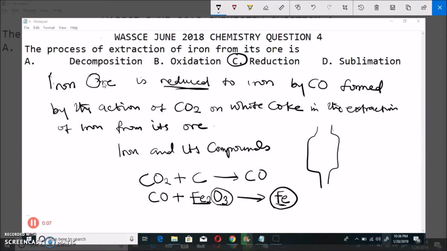And that's why the correct option here is reduction. So please take note of this. This is what happens in this furnace. There is a reaction between CO2 and white coke to give CO. So this CO reduces your iron ore to ordinary iron. So that's why that is the answer.